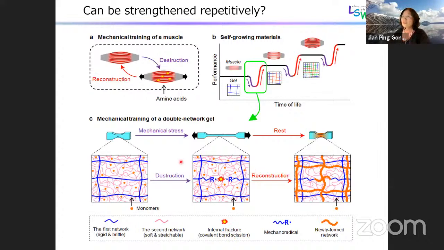So the question is, previously we only found that with one loading and unloading, and then loading with the monomer, we can increase the strength. So is it possible to do it repetitively, just like muscles? For repetitive strengthening, we need to form a lot of new networks.